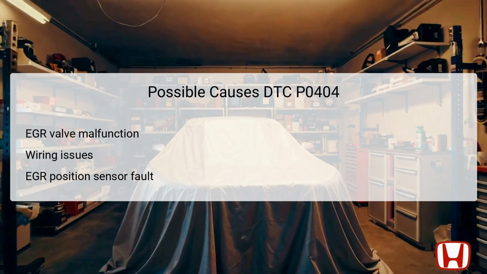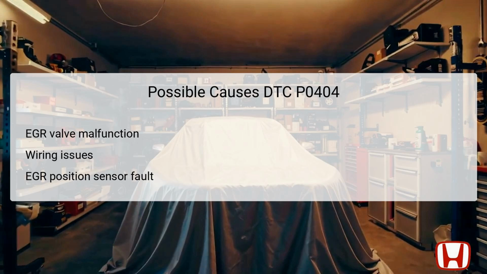Second, wiring issues, such as damaged or corroded connectors, can interrupt power or signal flow in the EGR circuit, leading to performance problems. Third, internal problems within the EGR position sensor can prevent accurate readings, causing error codes. Each of these potential causes can directly impact the overall performance of the EGR system, necessitating precise troubleshooting to identify and rectify the issue.